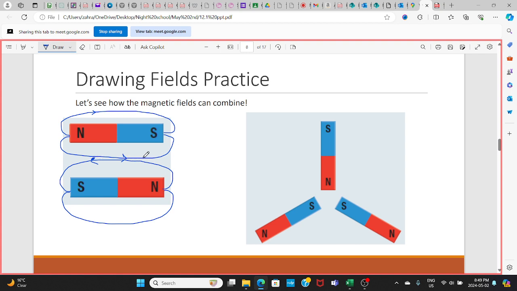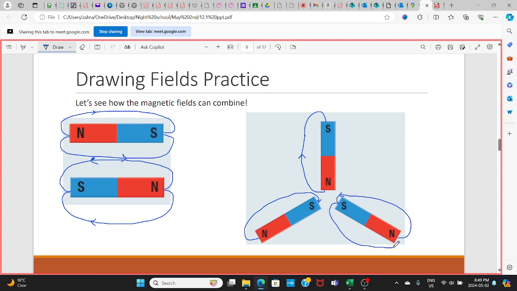And you will see some space there. Here is that. For this one again, you will see north to south. I'm just going to put a few of that here. Here is north to south.